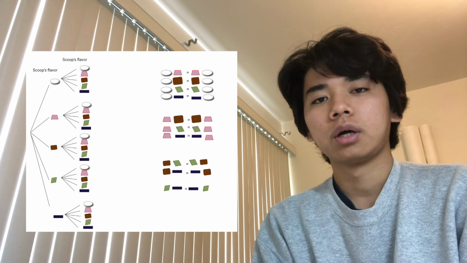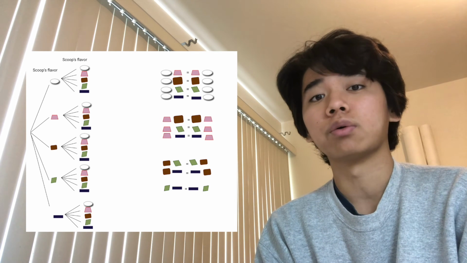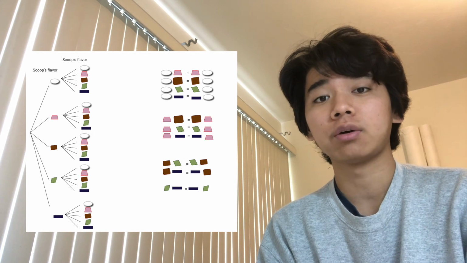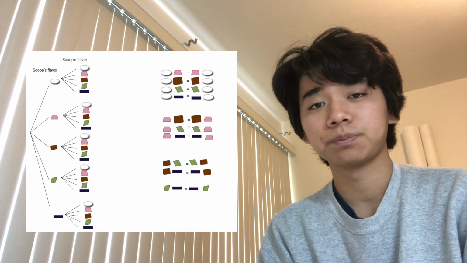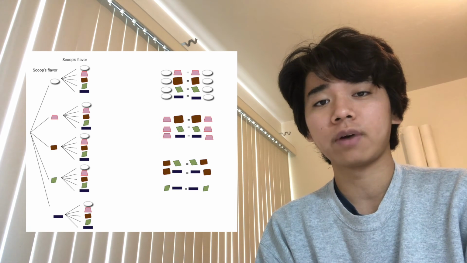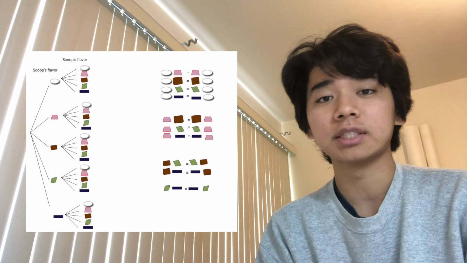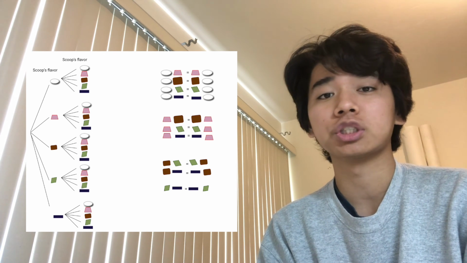Right, so for the 5 flavors, for that visual representation, again we're using a tree diagram. And you can see right next to me that it's pretty much the same thing. There are 5 branches of ice cream flavors, then for each ice cream flavor, it branches out into another 5 ice cream flavors. So it might look like there are 25 different combinations. However, we have the exact same combination flavors, just in different order.